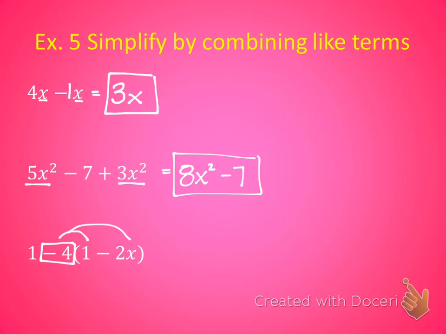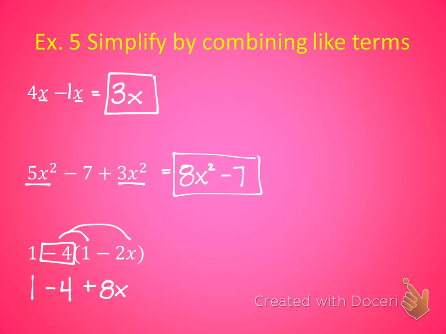So negative 4, so I just write this 1 there. Negative 4 times 1 is negative 4. Negative 4 times negative 2x is what? Positive 8x. Now you say, but I thought we couldn't combine those because they're not like terms. Remember, multiplication and division, you can combine anything together. Addition and subtraction is where you have like terms.